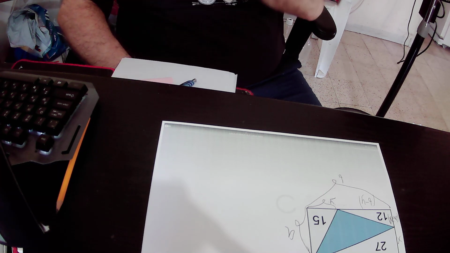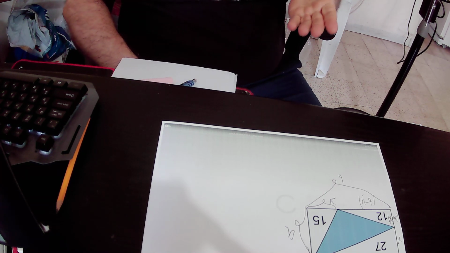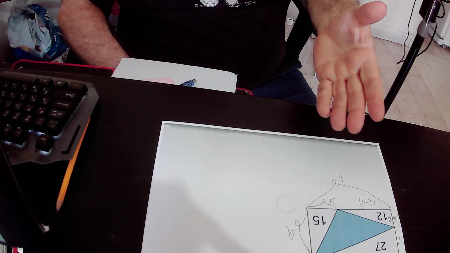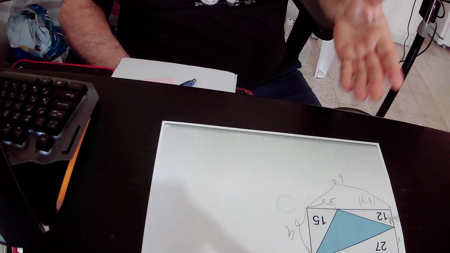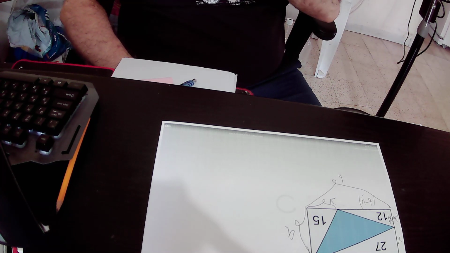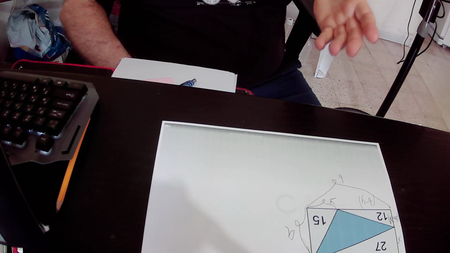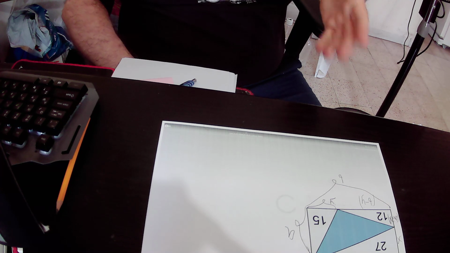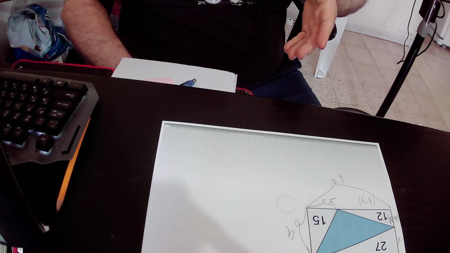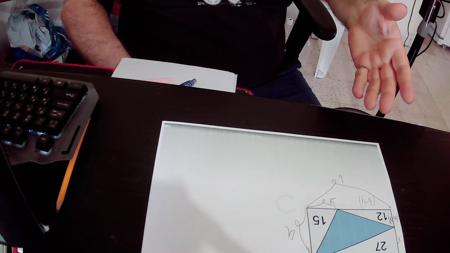So we can deduce that the area of the rectangle, that is A times B, cannot be smaller than 54 units, or it must be bigger than 54 units.